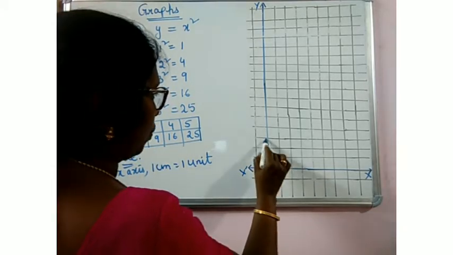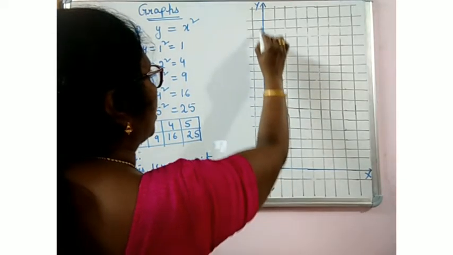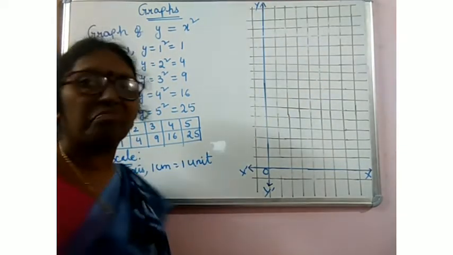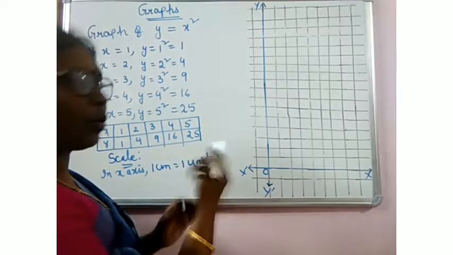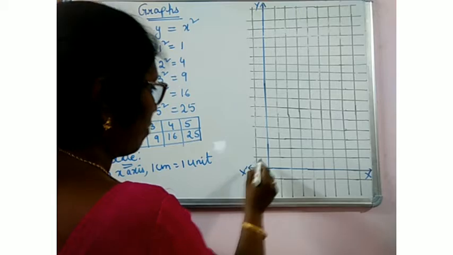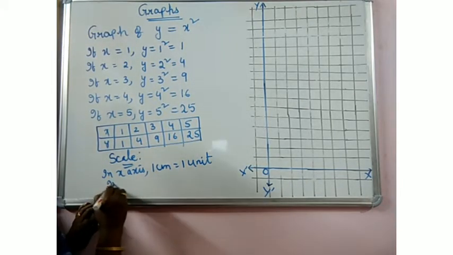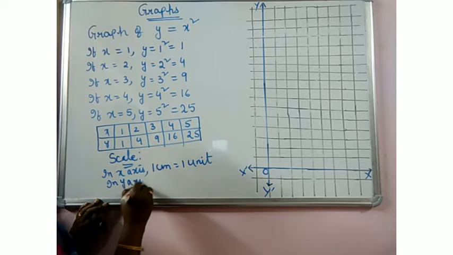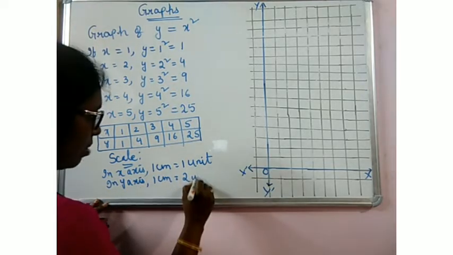If you take 1, 2, 3, 4, 5, 6, 7, 8, 9, 10, 11, 12, 13, 14, 15, 16, 17, 25 is not possible. That means we have to take the scale as, if you take 1 cm as 2 units, it will be okay. On the y-axis, 1 cm equal to 2 units.